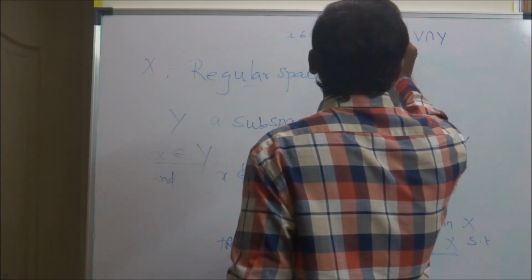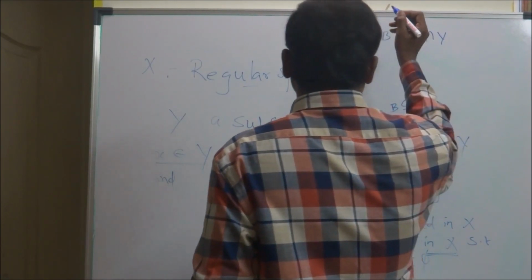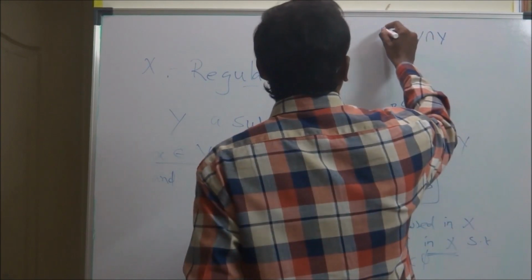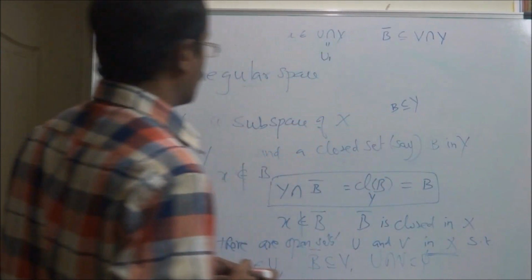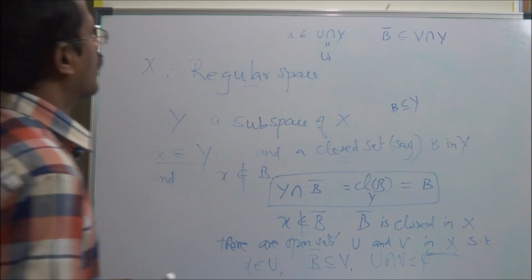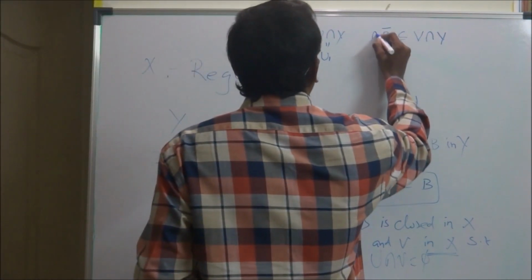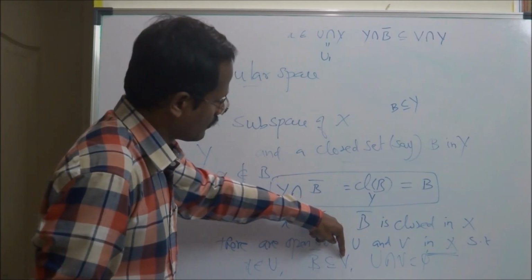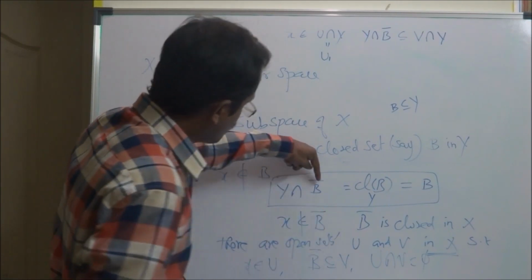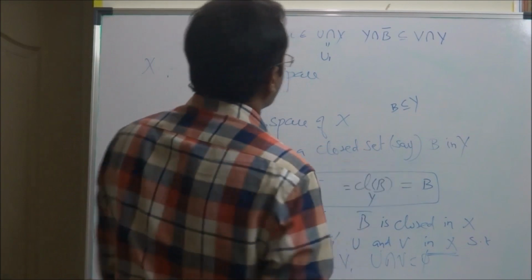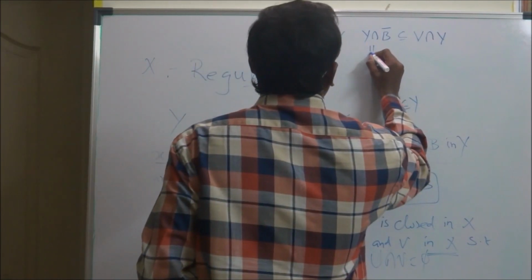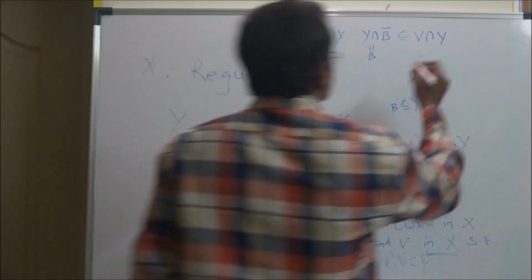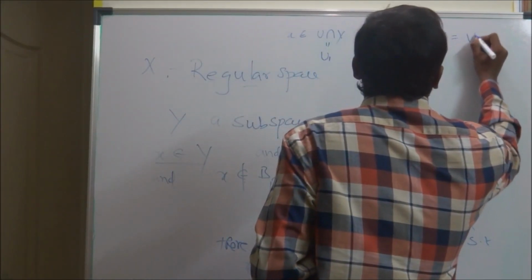This obviously contains the set B closure intersection Y, because your B closure is already a subset of V, and if you take B closure intersection Y, that is your B. So you name this set V1.